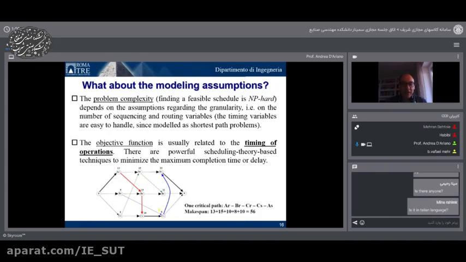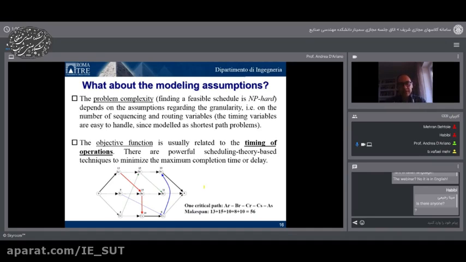As you can see here, the alternative graph for this problem was optimized by minimizing the makespan. And this is a solution where you have the longest path. The length of this path is exactly the maximum completion time or the maximum delay in the graph.